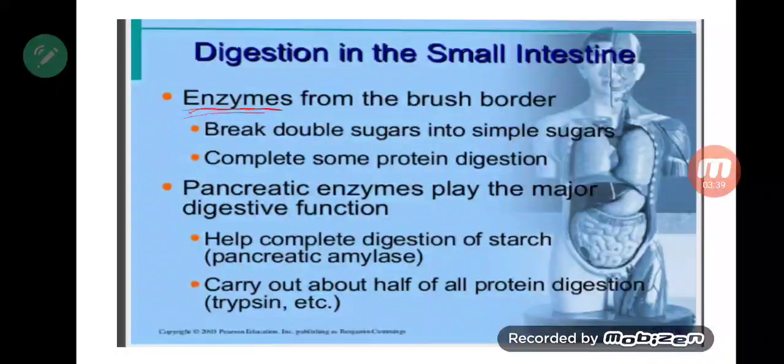The enzymes of the small intestine from the brush border break double sugars into simple sugars and complete some protein digestion. The protein first digestion was in the stomach, now it will be completed in the small intestine. Pancreatic enzymes play a major digestive function, helping to complete digestion of starch, whose first digestion was in the mouth, and carry out about half of all protein digestion.